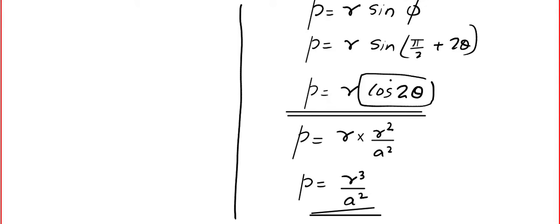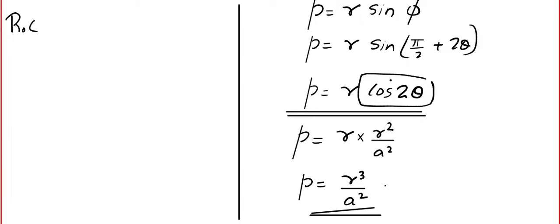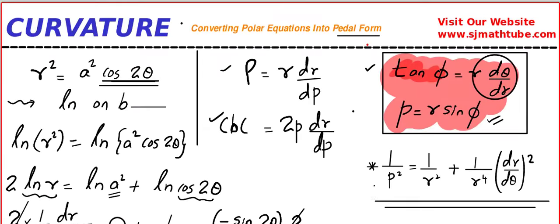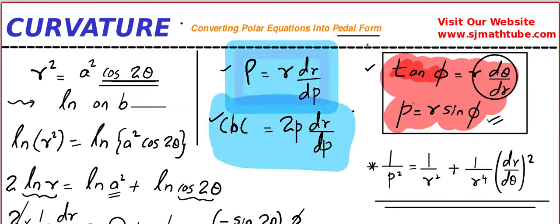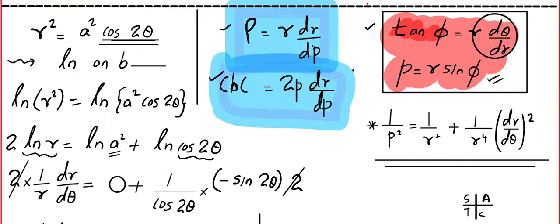Okay, now I'm going to do another thing side by side. Let's find the radius of curvature directly from pedal form. So what is the formula for radius of curvature? I hope you saw this formula. Look at this. You have to memorize tan phi, the value of P, the value of rho, then the chord of curvature. You can see that if you want to find the chord of curvature or radius of curvature, the hero is dr by dp.